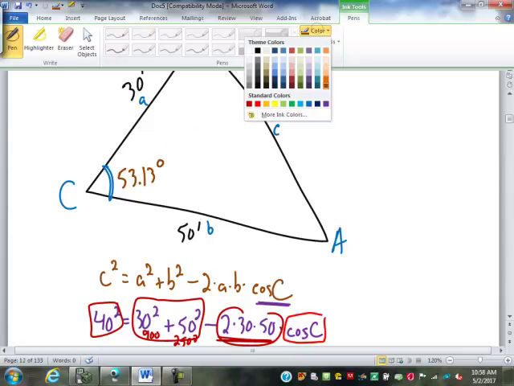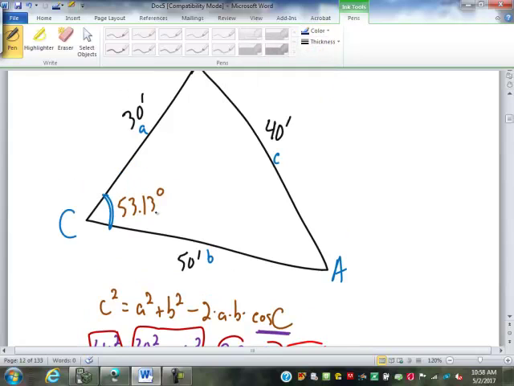Now, of course, we have a side and its opposite angle. I've got my 40 across from the sine of 53.13 degrees. Which side do I want to use next? Yeah, the smaller one, the 30 feet.